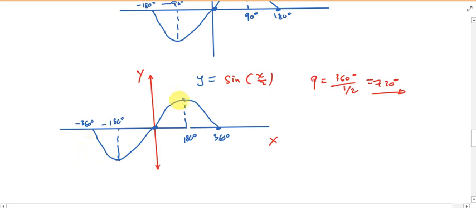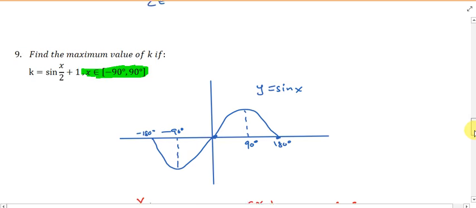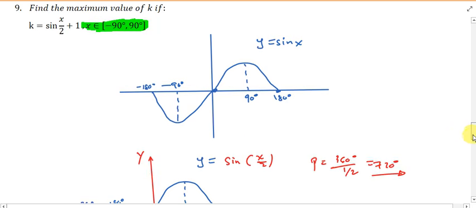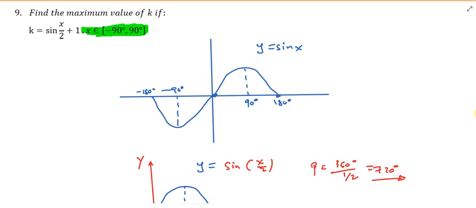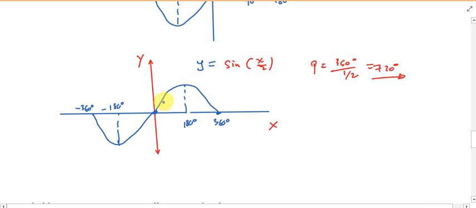So you get one wave, right? Now we are interested in minus 90 degrees. So minus 90 degrees on this graph sine x is somewhere around here. Remember the value at 180 is 1 and the value at minus 180 is minus 1, right?